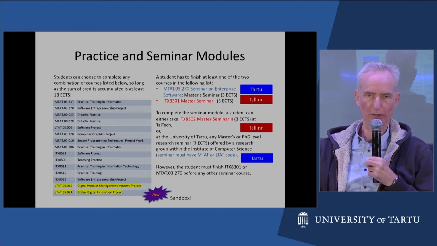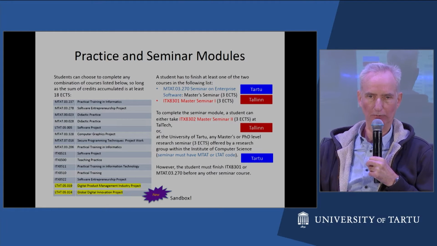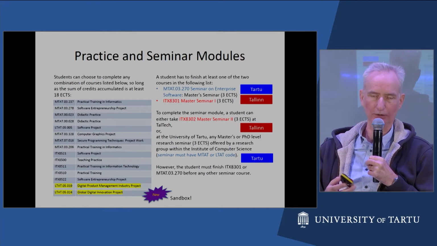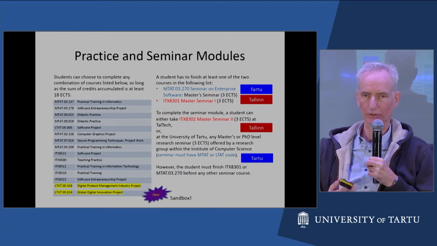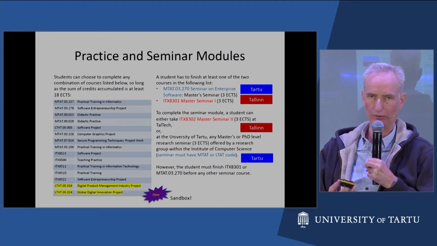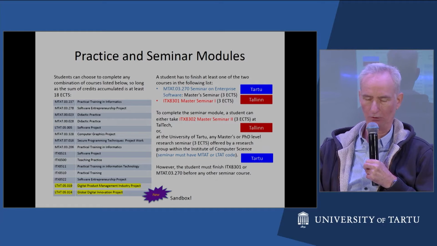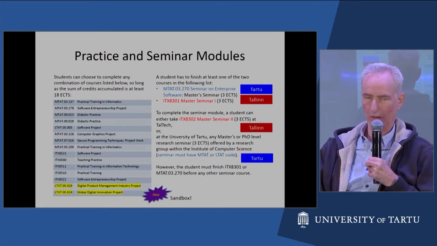Then it would formally go under, I think there's something called practical trainings in informatics, so it would be subsumed under those courses. But there's no time now to go into the details. The most important thing is for you to know that there are many different ways how you can get your practice module filled up. And the very common one is to simply do internships in companies in Estonia or in Europe.